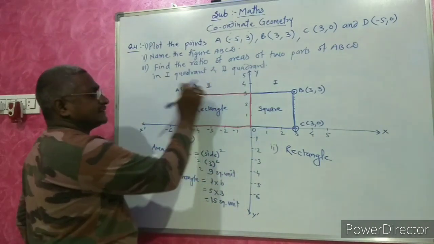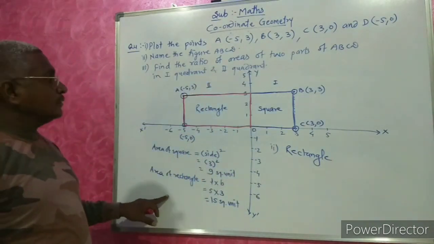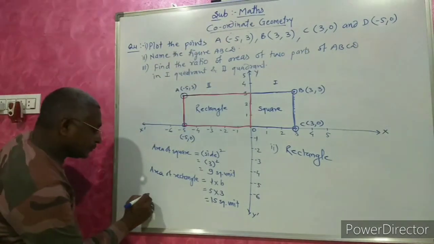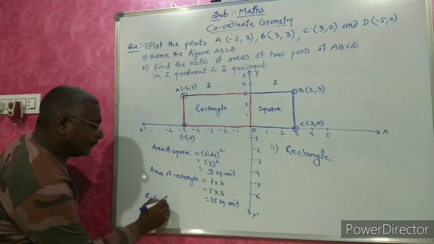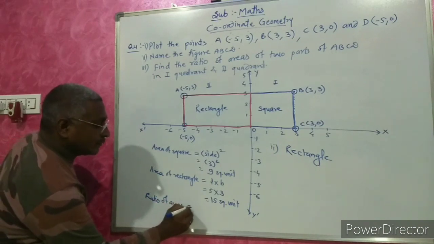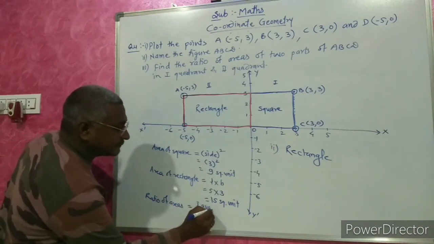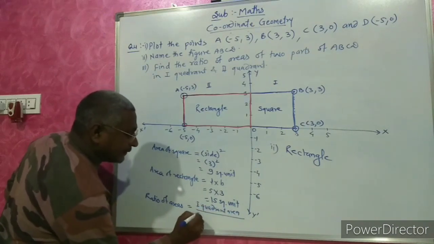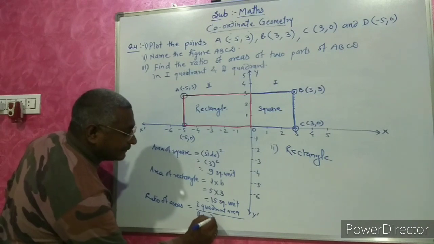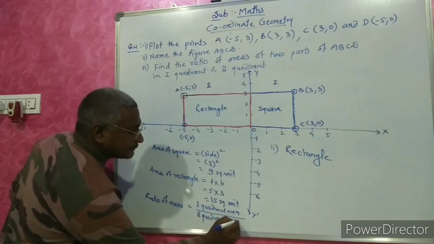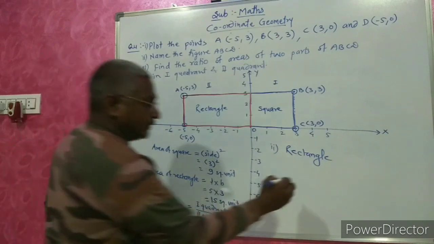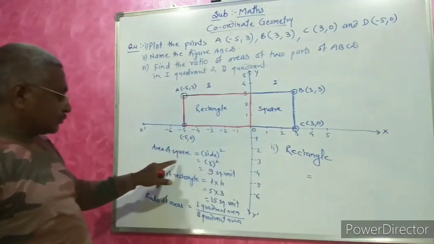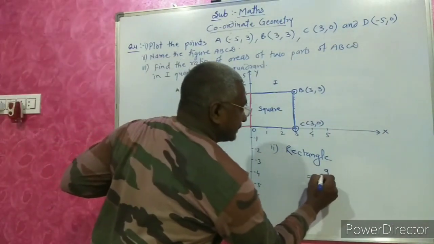So the first quadrant and second quadrant areas we found. For that, find the ratio of areas: first quadrant area by second quadrant area. The first quadrant is a square, so its area is 9.